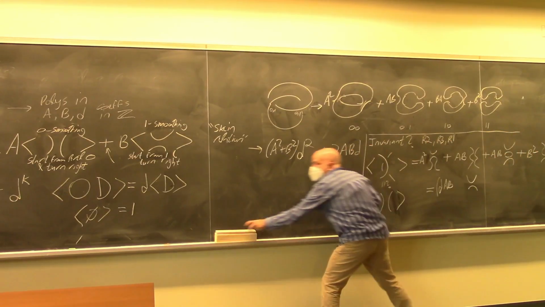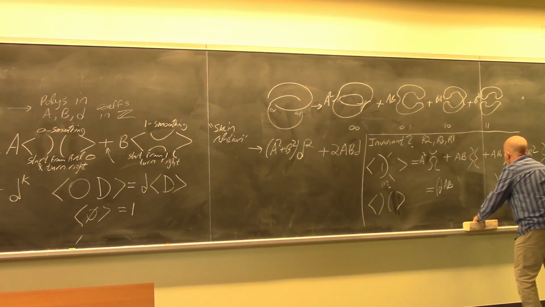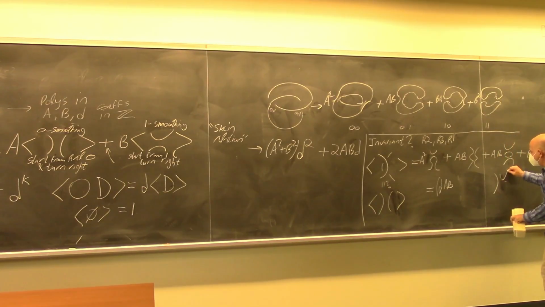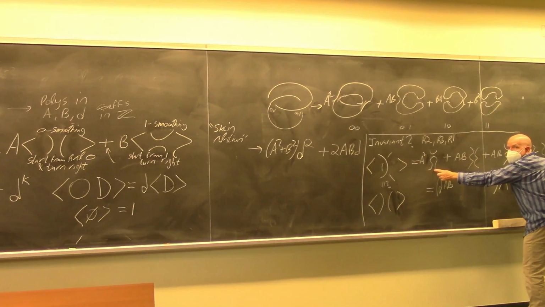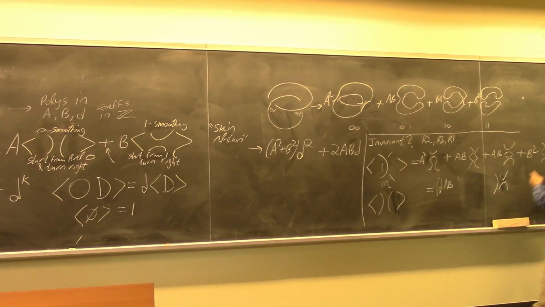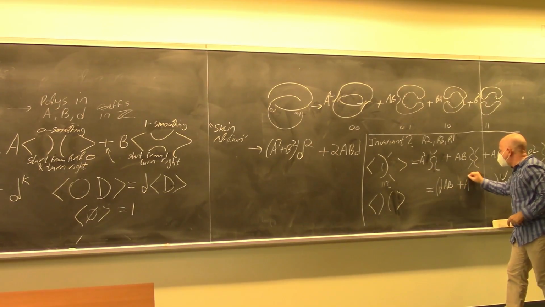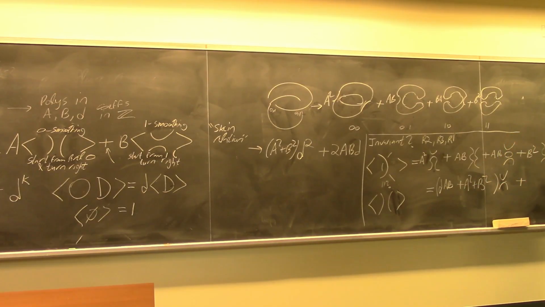Okay? But you also get this picture from here. This is the exact same picture. But now it comes with A squared. And also from here, and it comes with B squared. So plus A squared plus B squared. And then you also get this one, which is just this picture, and it comes with coefficient AB.